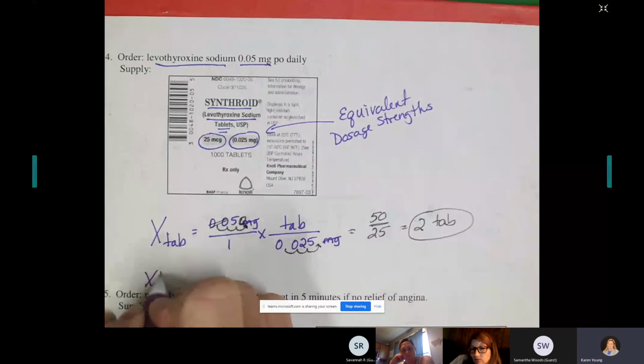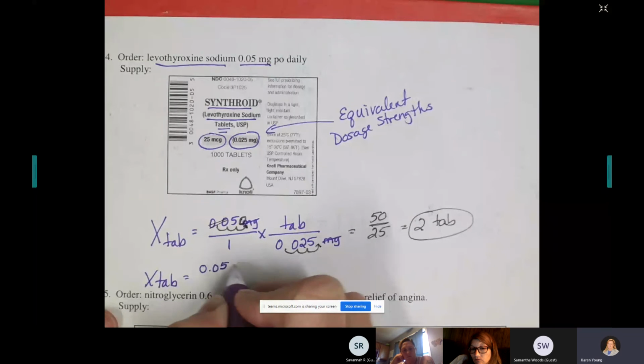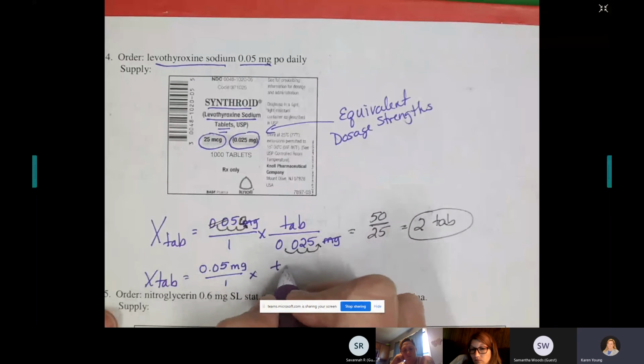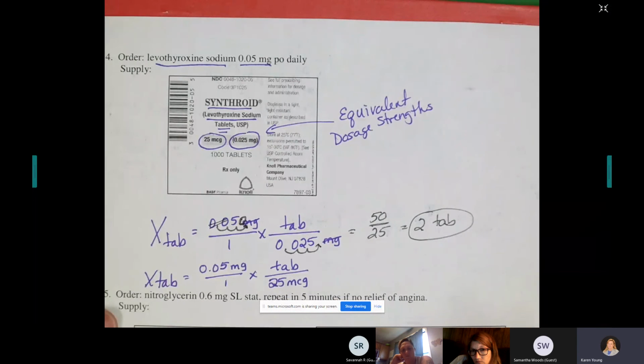I would get the exact same answer if I worked it using micrograms. If I use 1 tablet is 25 micrograms, because a lot of people don't like dealing with decimals. They want to deal with whole numbers. So they choose the 25 micrograms.